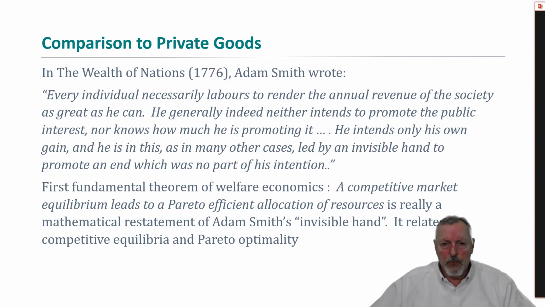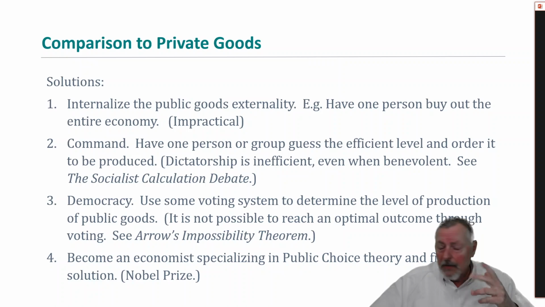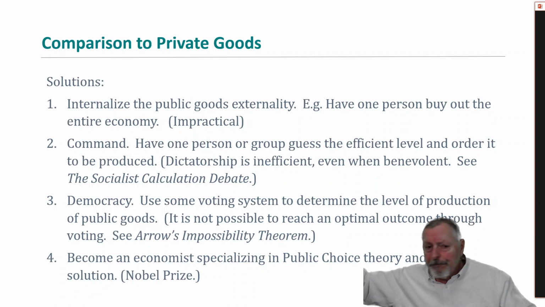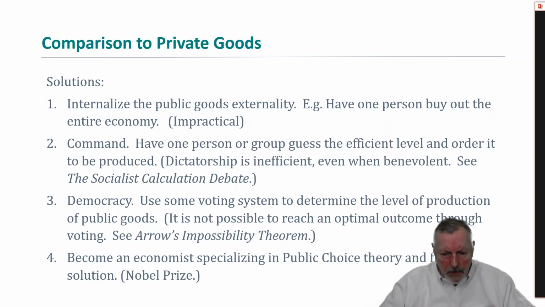So using a purely free market solution, we're not going to reach that Pareto-optimal level of production of the public good. What are the solutions? How can we deal with this? Well, there are several. How can we reach the welfare maximizing production level of a public good?